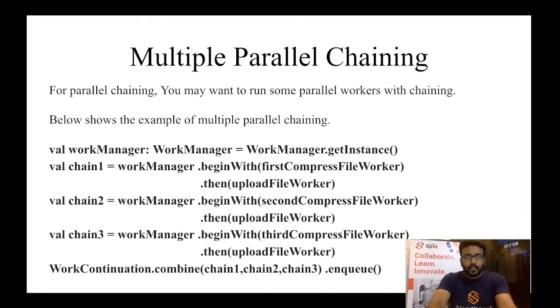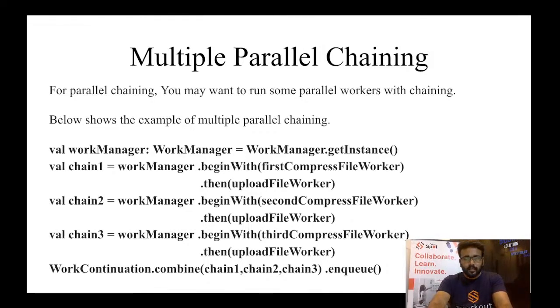The remaining 2 chains also do the same job: compressing the file, and that compressed file output will be the input to the file uploader to the server. Chain 1, chain 2 and chain 3 of work manager return an instance of work continuation. All these 3 instances of work continuation we can combine together in a parallel manner, and we can submit to the system to run in parallel. So that is multiple parallel chaining.